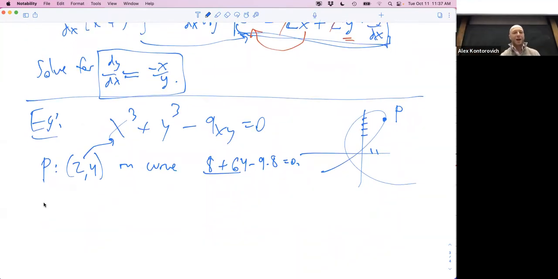So differentiate both sides. Well, the derivative of 0 is 0. And what's the derivative of this? Implicitly, with y being implicitly a function of x.